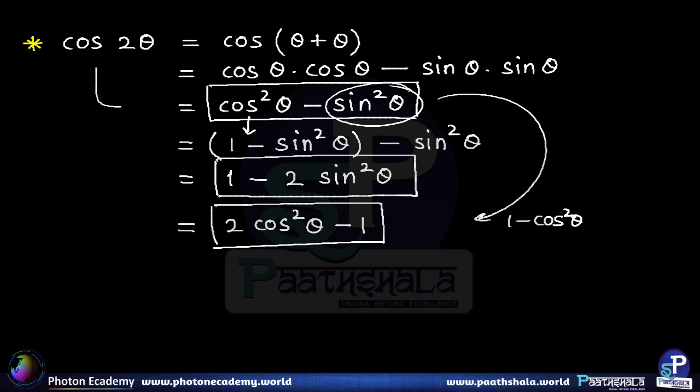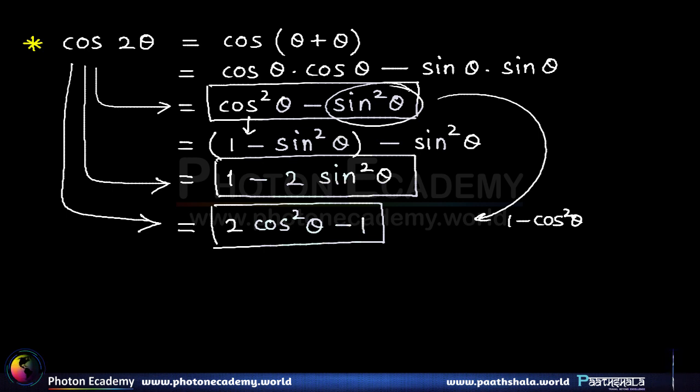So cos 2 theta is equal to cos square theta minus sin square theta. It is also equal to 1 minus 2 sin square theta, and it is also equal to 2 cos square theta minus 1. Alright. Now based on these, we have 2 deductions which are also very useful.